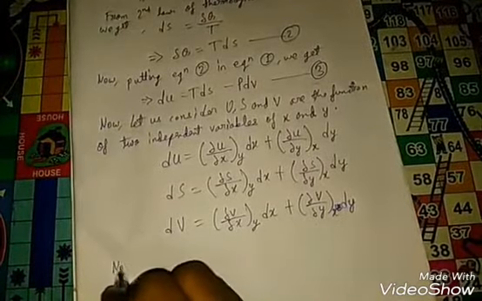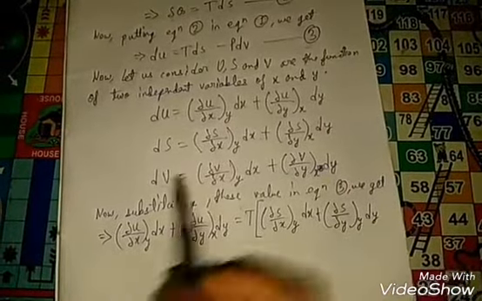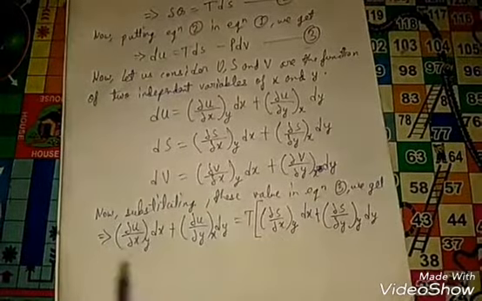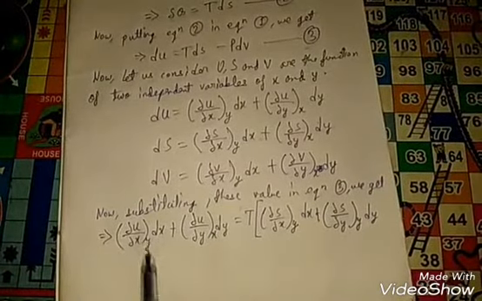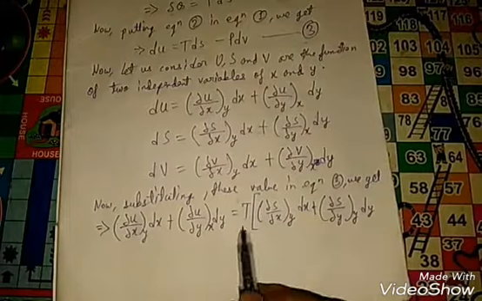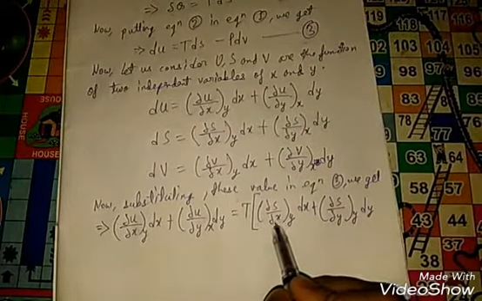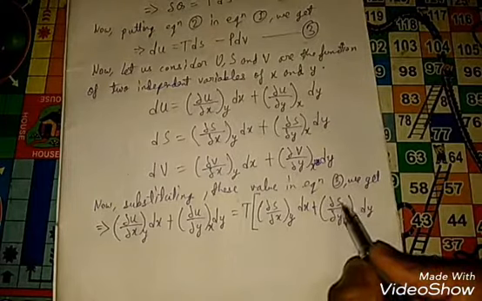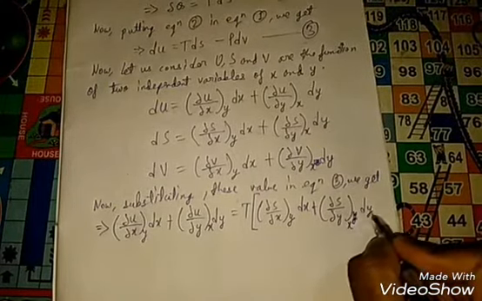Substituting these values in equation 3 we get, putting the value of du here, del u by del x keeping y constant dx plus del u by del y keeping x constant dy, that is equal to t times the bracket del s by del x keeping y constant dx plus del s by del y keeping x constant dy, closing the bracket.